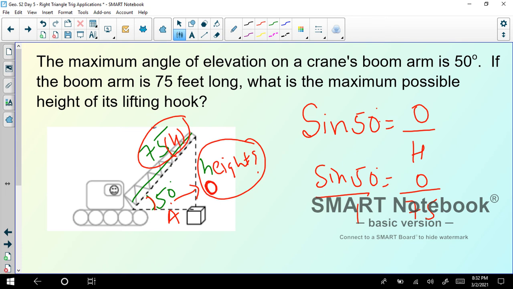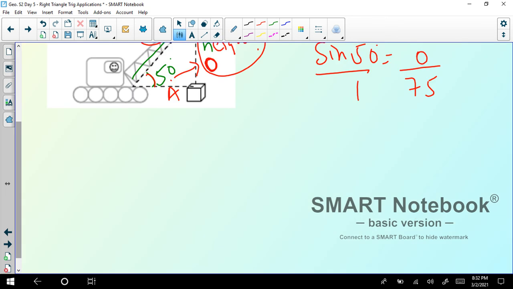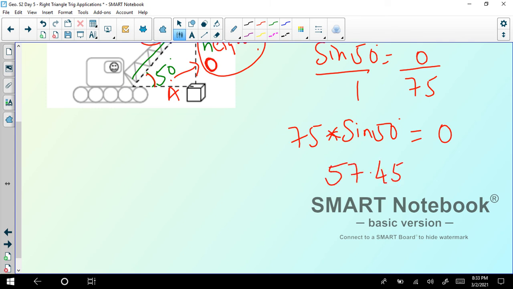Further, cross multiply, so that will give us 75 times sine 50 degrees equals the opposite. Let's simplify that in the calculator. 75 times sine 50 degrees gives us 57.453, equals the opposite, which is nothing but the height.